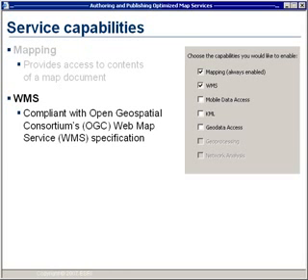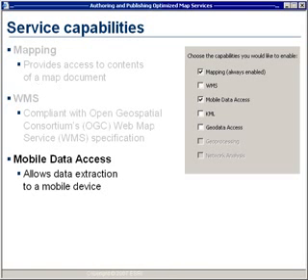The WMS capability allows for the map service to be implemented in applications that use the OGC, or Open Geospatial Consortium's, Web Map Service specification. This relates to the interoperability characteristic of map services published using ArcGIS Server.